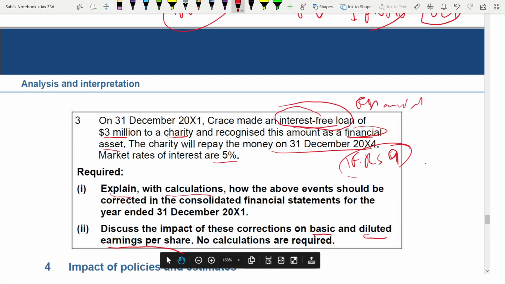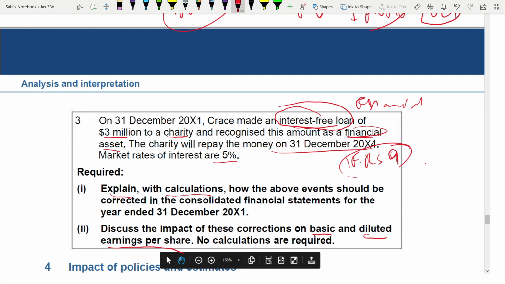Why? Because it gives the right to receive cash. If you are giving an interest-free loan to someone, aren't you receiving cash from them? You are, right? So you have a right to receive the cash. That's why it's a financial asset. First, you need to understand whether it's correct to recognize it as a financial asset or not. Then only comes IFRS 9 and all. So in this case, yes, it is right. It is a financial asset because it gives a contractual right to receive the cash.